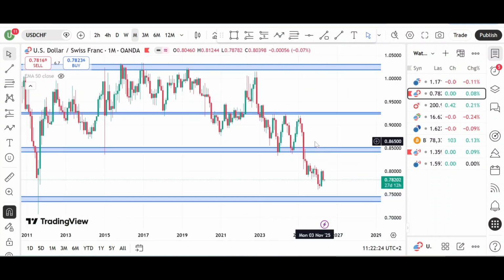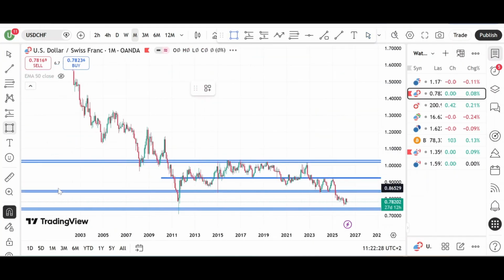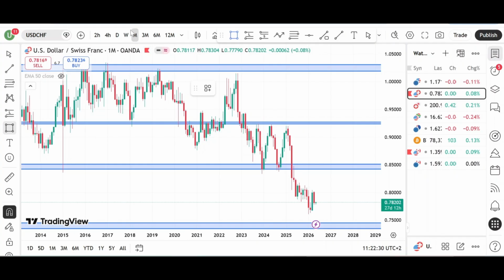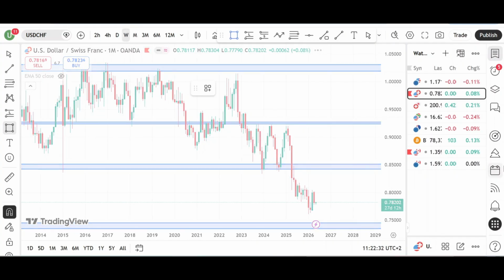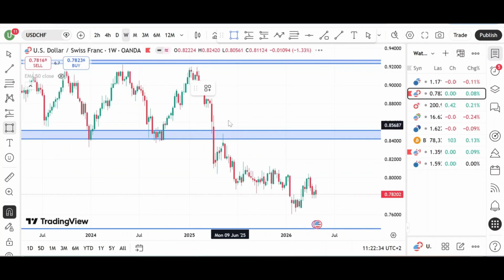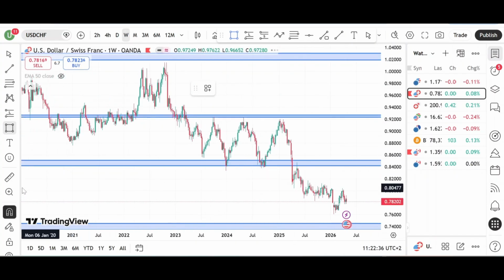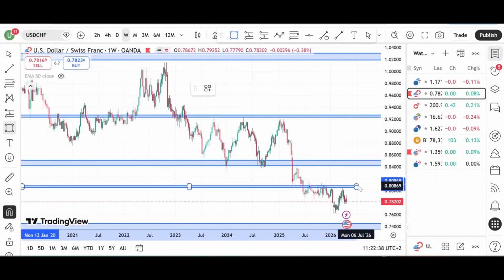So in order to examine this, we go to a weekly time frame to see what is happening. As you can see, we are in a downward trend in the weekly time frame.